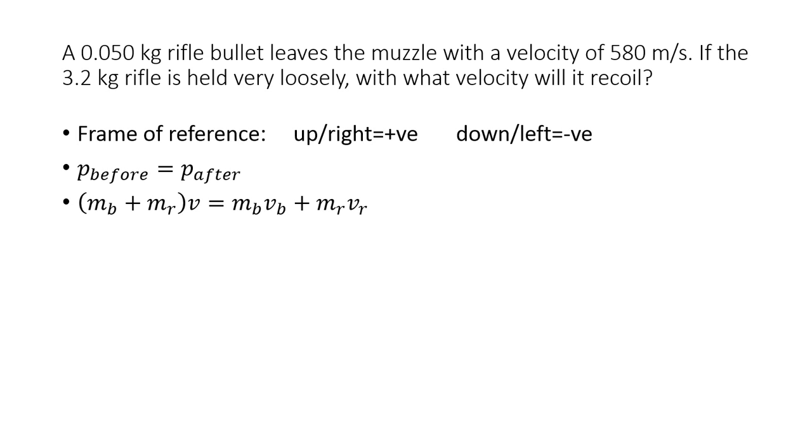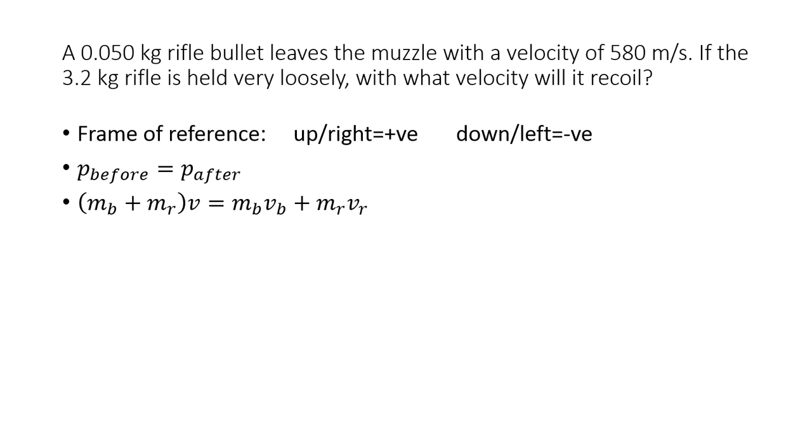Alright, so I used B to represent the bullet and R to represent the rifle. The mass of the bullet plus the mass of the rifle times velocity. That's before the bullet is fired. Now remember that the bullet and the rifle are still one, right? The bullet is inside the gun, so it hasn't fired yet. So I'm going to add their masses together and multiply by a singular velocity because they're the same thing right now.